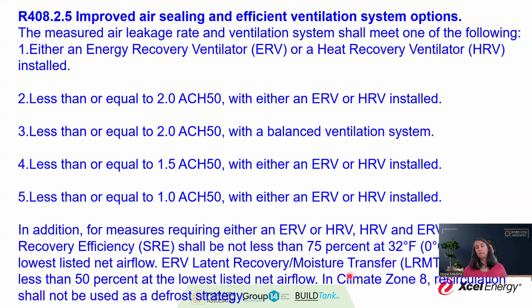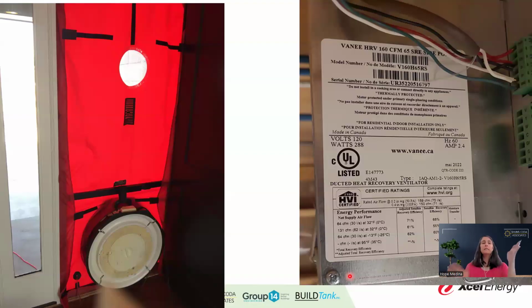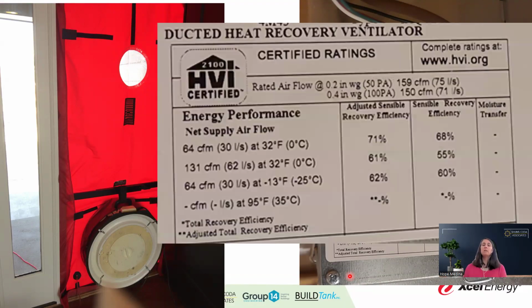And then in climate zone 8, we care, but we don't care. There are some requirements if you're in climate zone 8. And so here's an example, right? So we're trying to do both of them here, but we have to verify that that mechanical or that HRV meets those requirements.